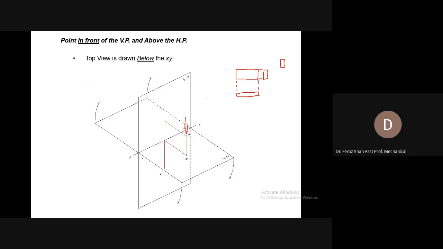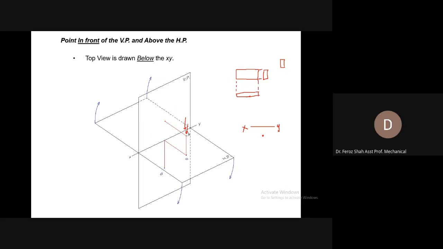And you can see that this position is below the XY reference line. So for a point in the first quadrant, the top view will always be below the XY reference line.